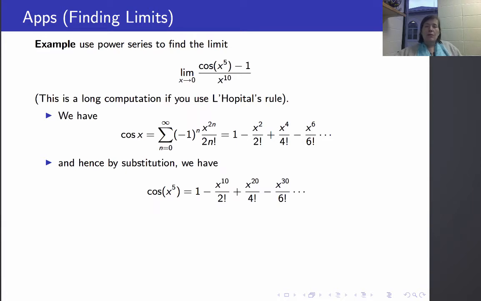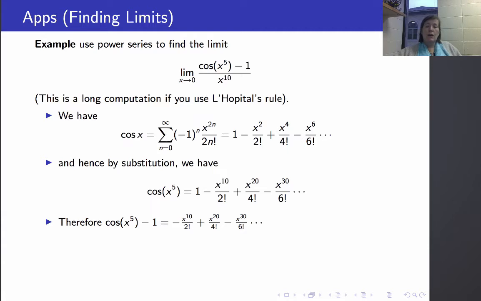And now suppose I want to find the limit as x goes to 0 of cosine x to the 5 minus 1 over x to the 10. When I subtract 1 from the power series expansion for cosine x to the 5, I get a bunch of terms, all of which have x in them.